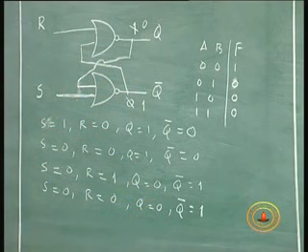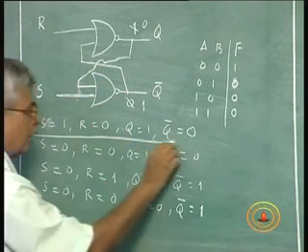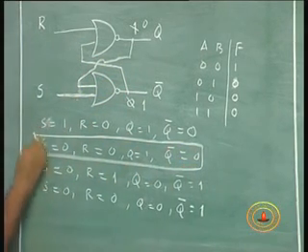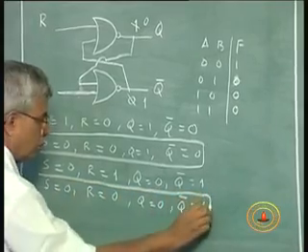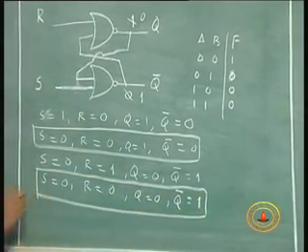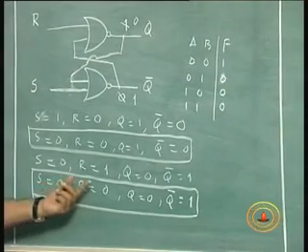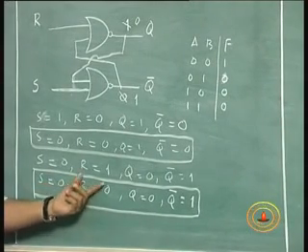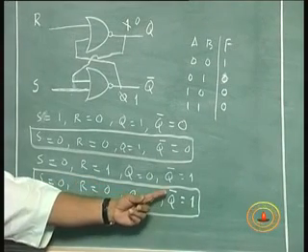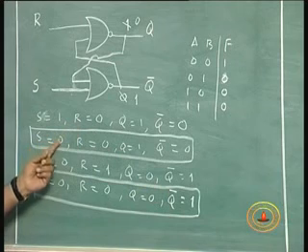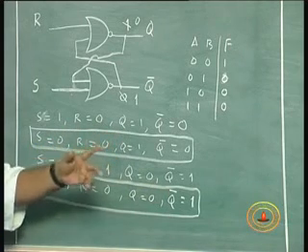Now this is a very clear case of, take these two cases. S is 0, r is equal to 0, output is 0, 1. In this case, s is equal to 0, r is equal to 0, output is 1, 0. Why?